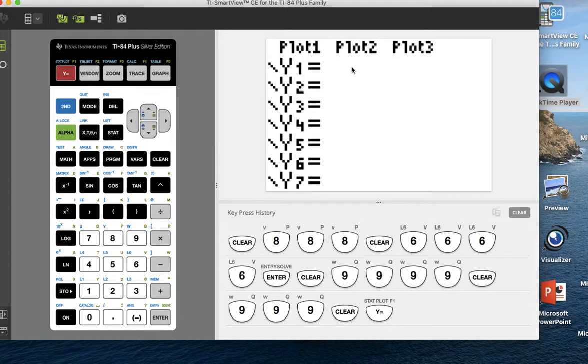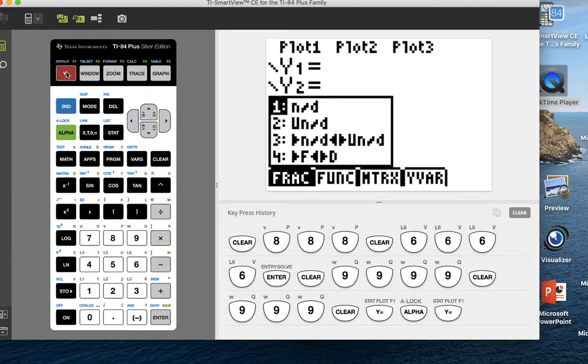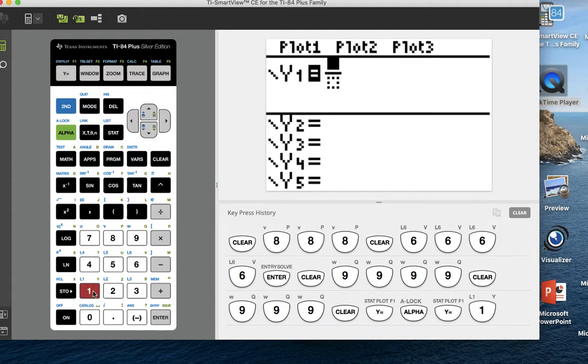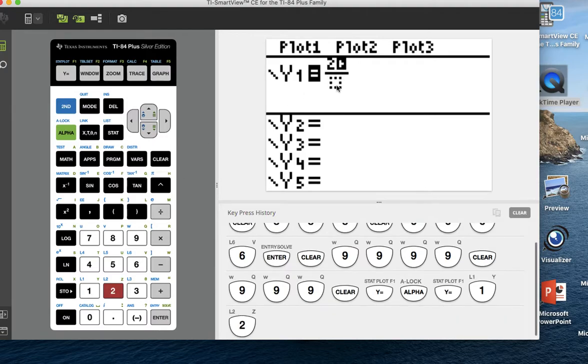Let's go ahead and put in a function that is linear. Let's say we have a linear function that has a slope of 2/3. So we need to put in a fraction. So reviewing that, I would press alpha y equal and select number 1. Now I've got the ability to put a fraction in there, so we will put in a 2/3.